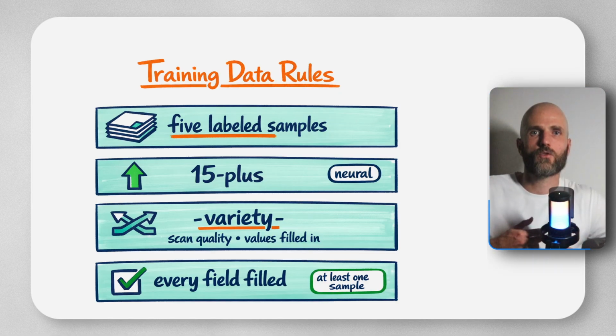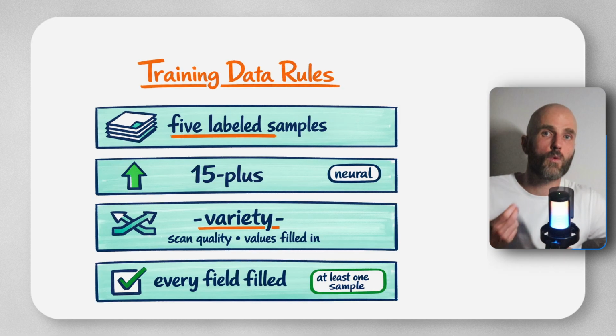Also, I make sure at least one sample has every field, otherwise the model never really learns that field. Training time also differs. Template can train fast, seconds to a couple of minutes. Neural can take longer, sometimes up to around half an hour, depending on what you're training and how busy the service is.